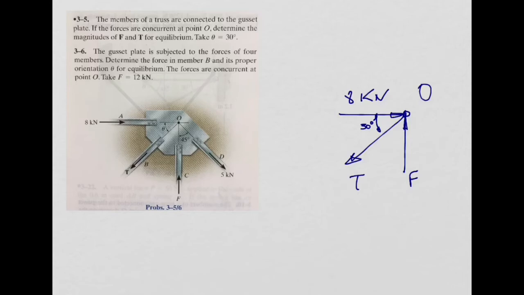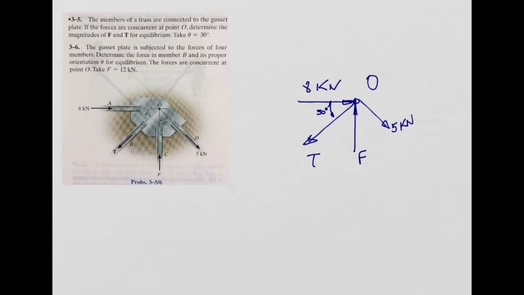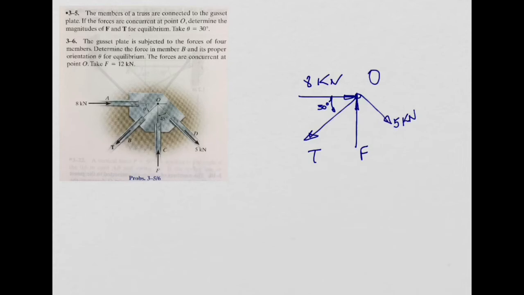And the last one that we have is this force of 5 kilonewtons, which is a force applied here, right? Five kilonewtons, right? And that's all we have. So in this particle, we have all these forces acting on this particle.